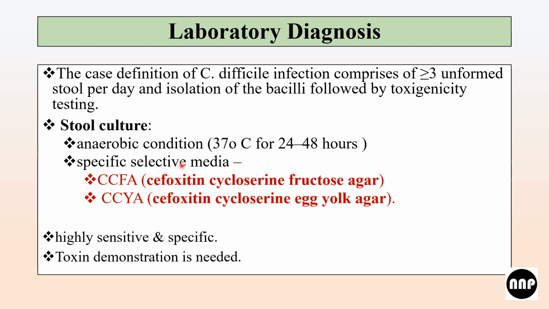Then it should be done in a specific selective media like CCFA and CCYA, which is cefoxitin cycloserine fructose agar and cefoxitin cycloserine egg yolk agar. So what is specific selective media? Specific selective means in this media only C. difficile will grow and it will help us to identify it. This stool culture is highly sensitive and specific, but toxin demonstration is needed.